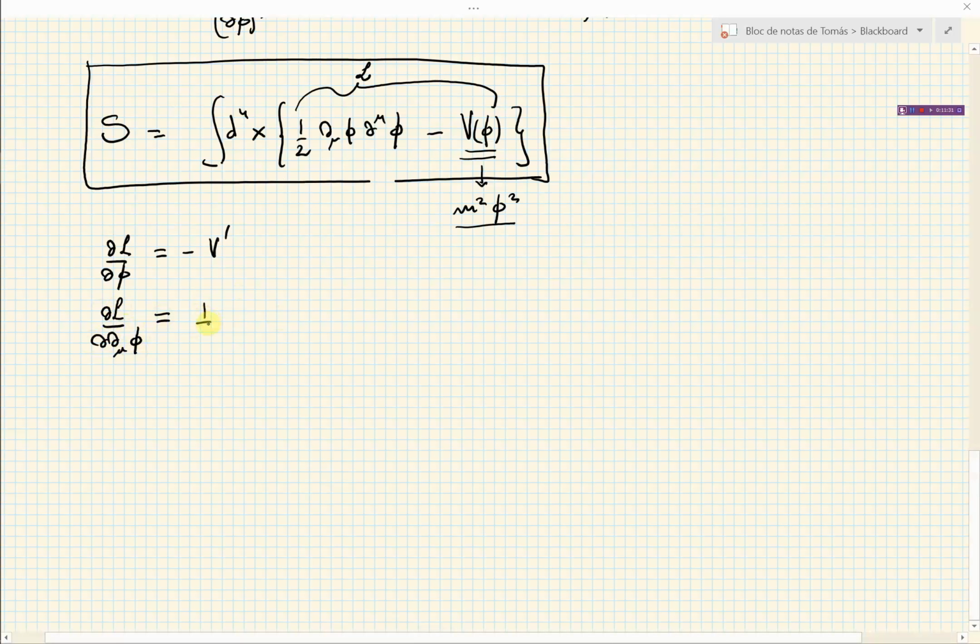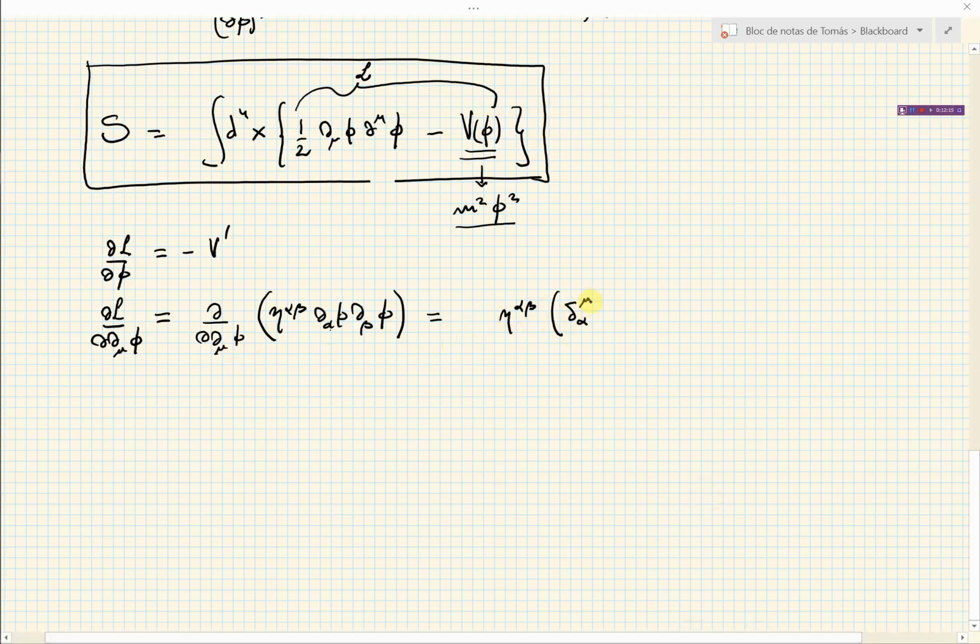If you want to do this calculation in a bit more detail, let's take a step back. You want to take the derivative of eta alpha beta partial alpha phi partial beta phi. There will be one term and another term, the derivative of the first and the derivative of the second. Let's do it more slowly. I have eta alpha beta, which is constant. I'm taking the derivative of partial alpha, which will be 1 when alpha is equal to mu.